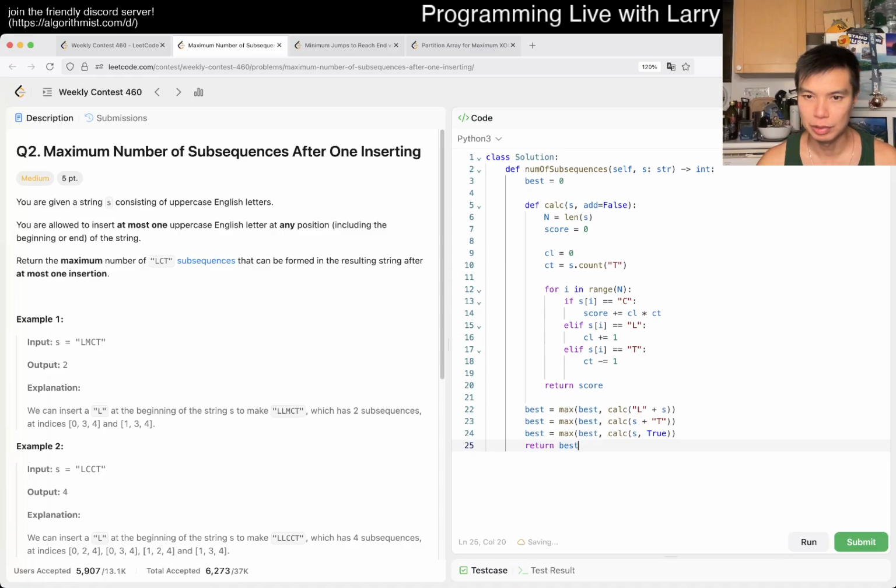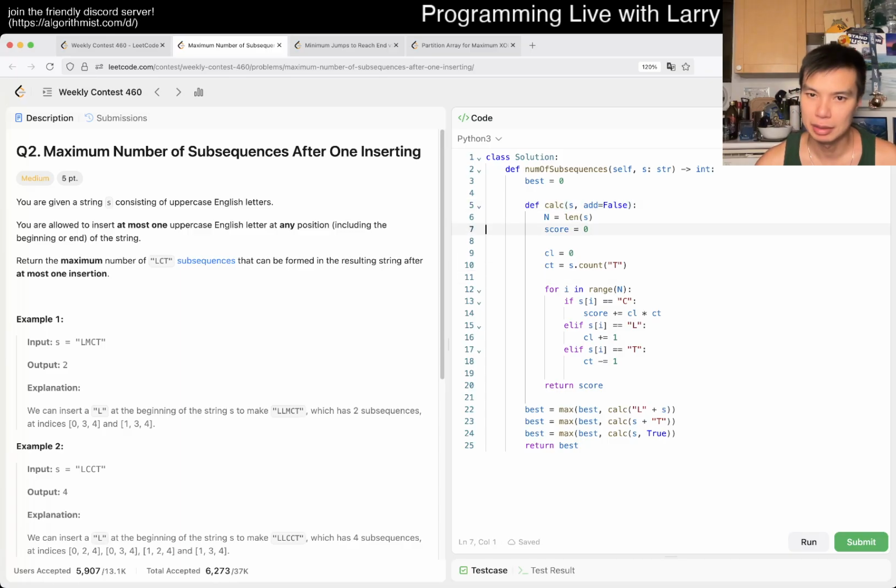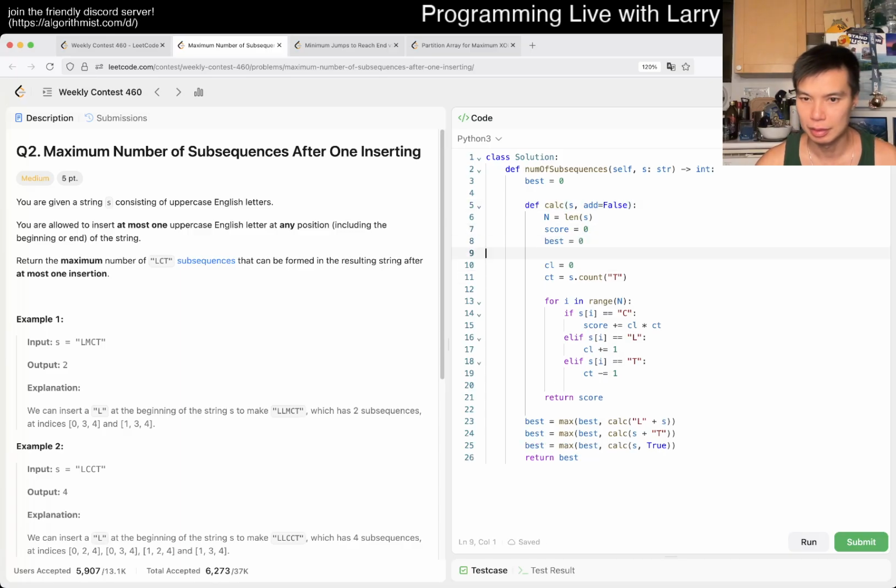Right, and true is if we add it here. Oh, true is if we find a maximal place to add it. Right, so then maybe we have a best here.